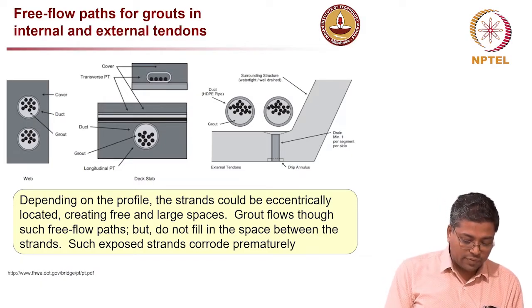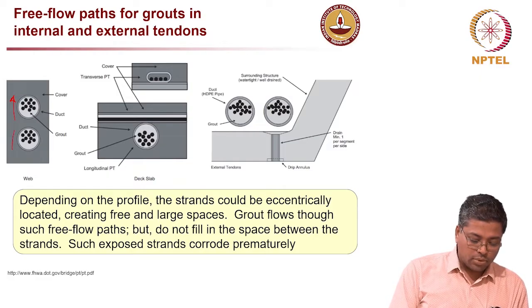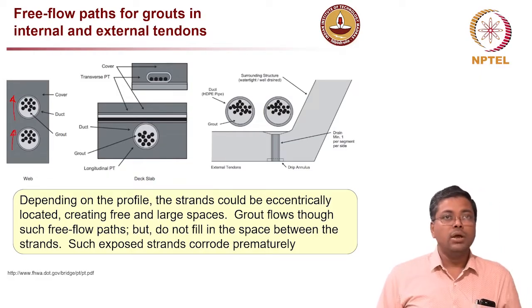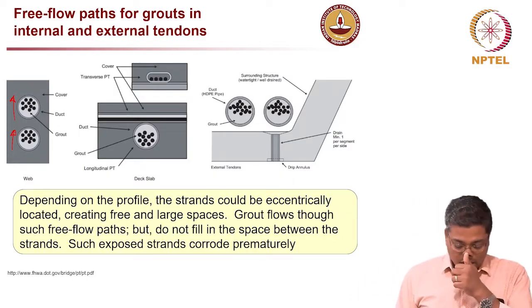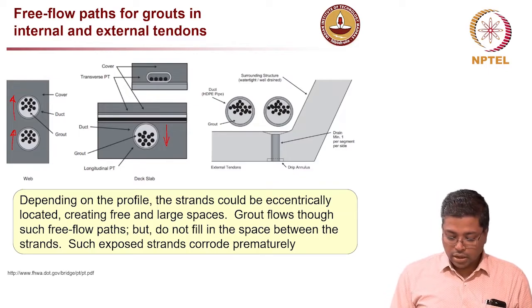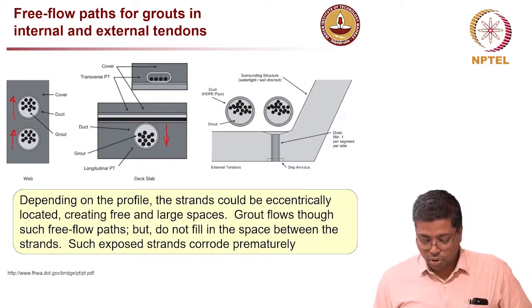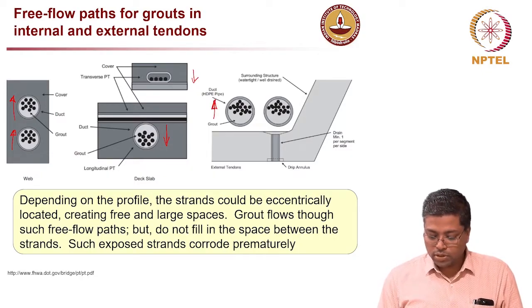As you see here on the left image, if the strand is pulled, it moves towards one direction. In both these tendons, the strands are more congested in the top portion of the duct than at the bottom portion. In this case over here, you can see that strands are pulled toward the bottom. In this case also, it is at the bottom. Here it is at the top, moving towards the top.